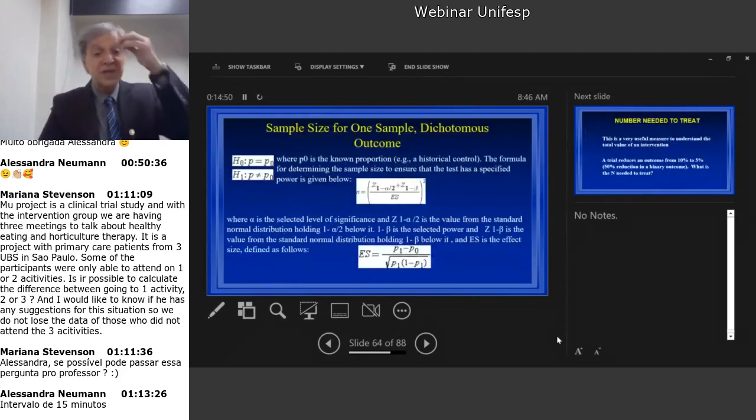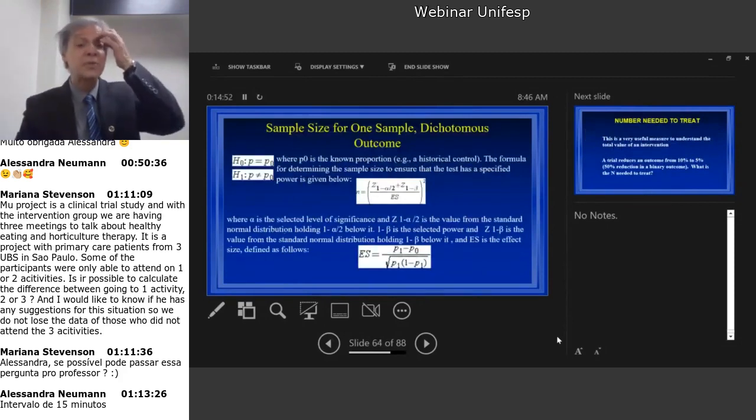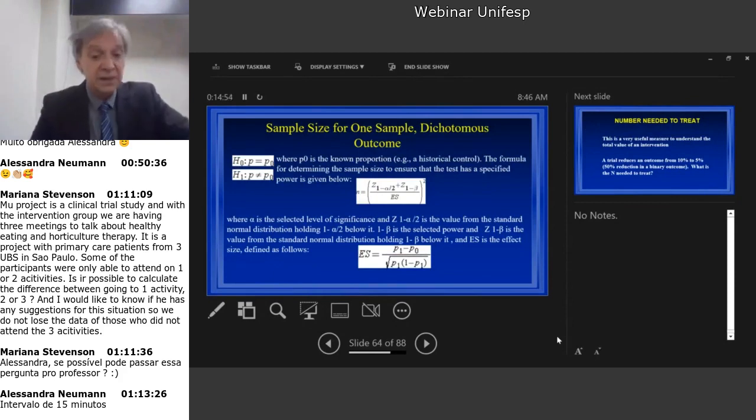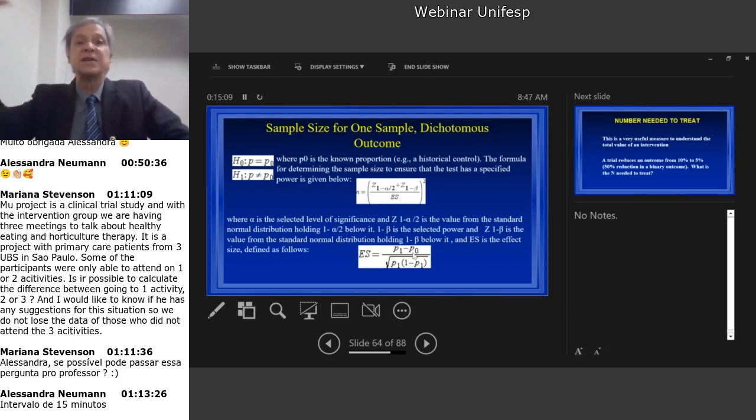I also give you a sample size for one sample dichotomy. Most often than not, you may not be interested in that. It's very simple. Look at the effect size. P, remember the proportion? That's a binomial, folks. So you got your P1 minus P0, where P0 is the reference value, the ideal value you want to get.